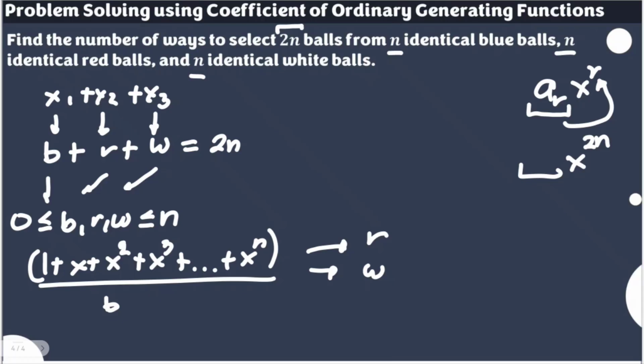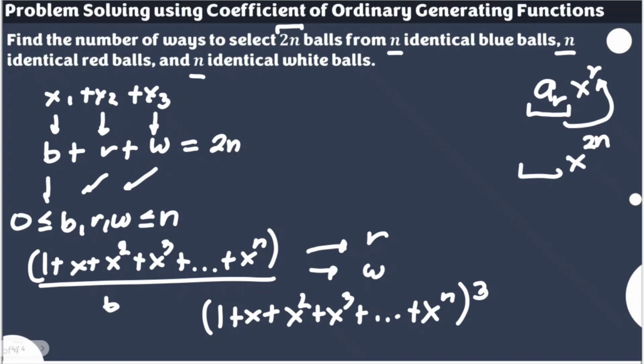So there are 3 sets of this form, and that means we can come up with one expression for the product of their ordinary generating functions, which is equal to 1 plus x plus x squared plus x cubed, until you reach x to the power of n, and there are 3 pieces of them. Hopefully this is clear, because this is a process of finding a certain function that will describe this form.